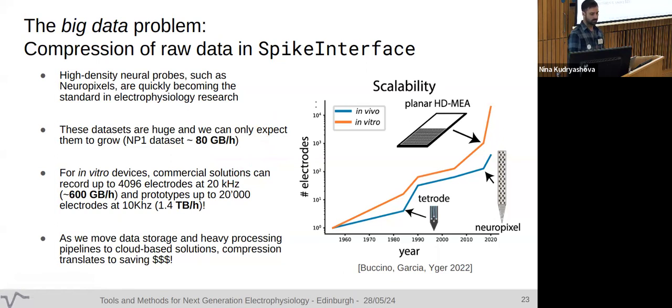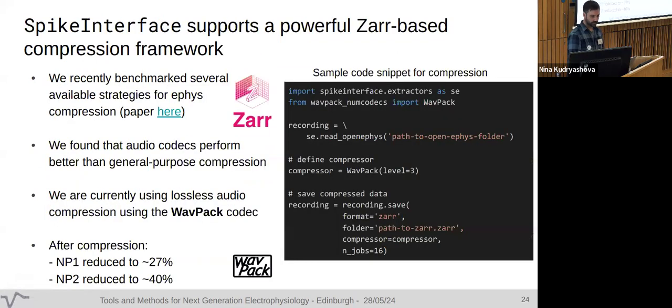So one thing we implemented is a compression framework. The compression framework in SpikeInterface uses Zarr. Zarr is a very powerful framework for storing chunked and compressed multidimensional datasets.